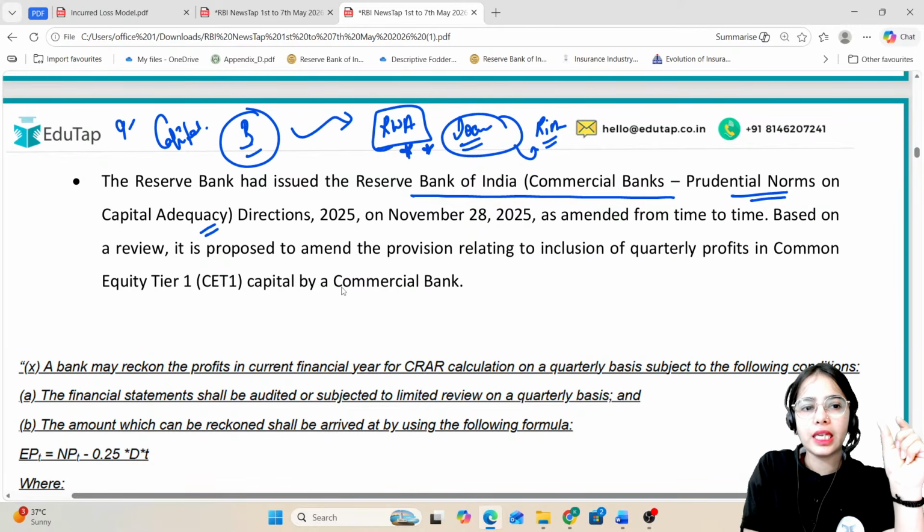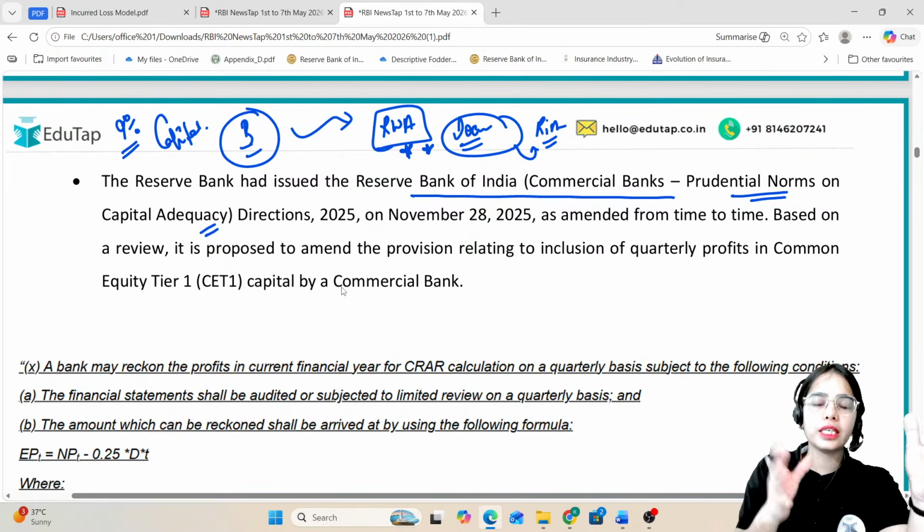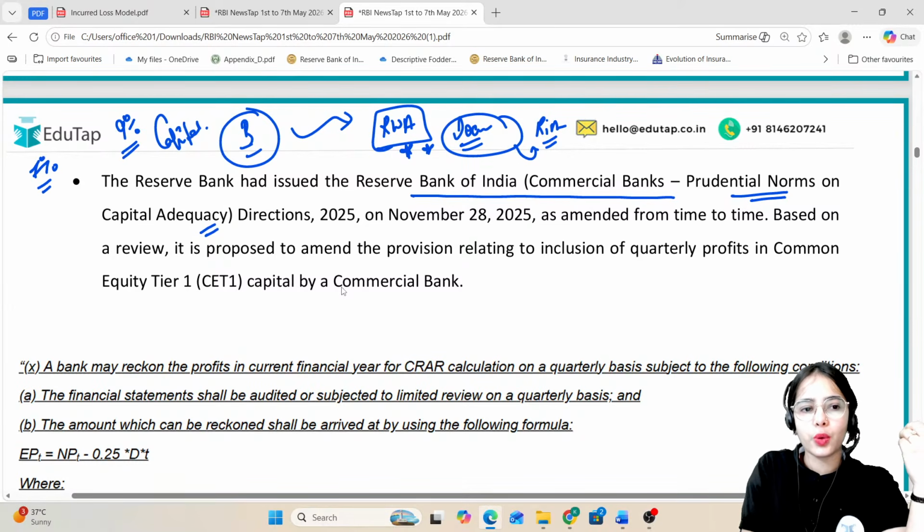Commercial banks have to maintain capital of 9% against the risk weighted assets, in which the liquid tier 1 capital has to be 7%, out of which common equity tier 1 capital should be 5.5%. This is the basic idea.